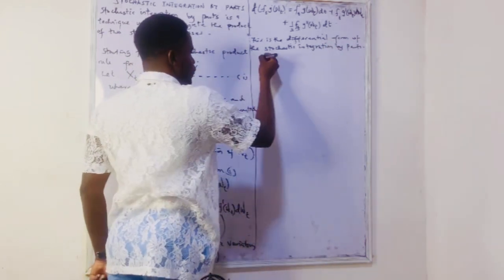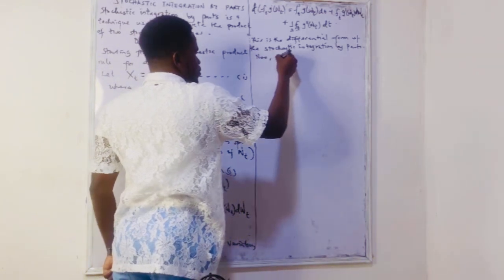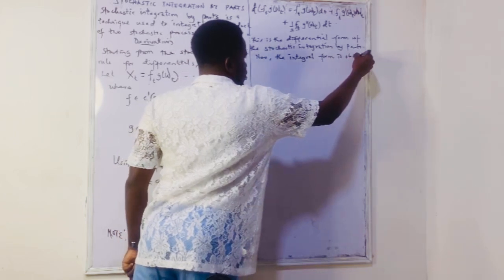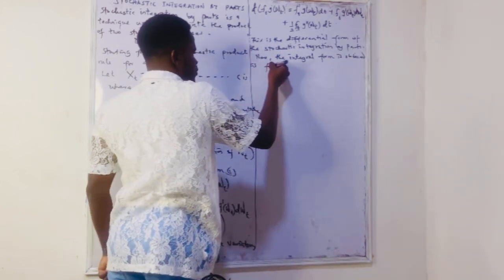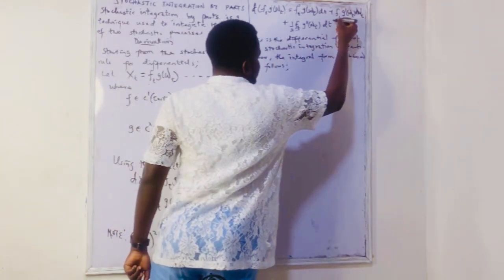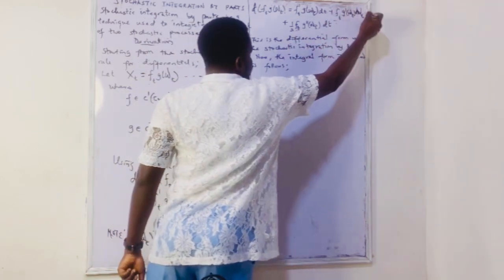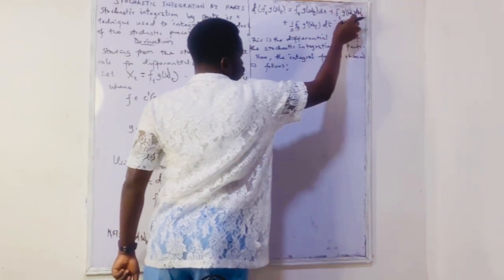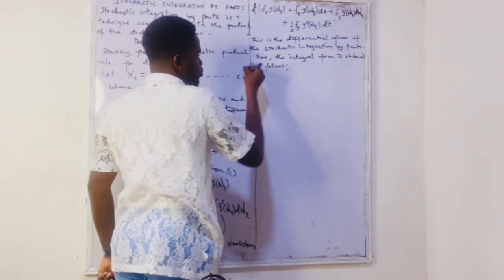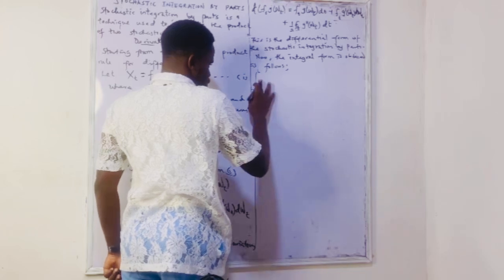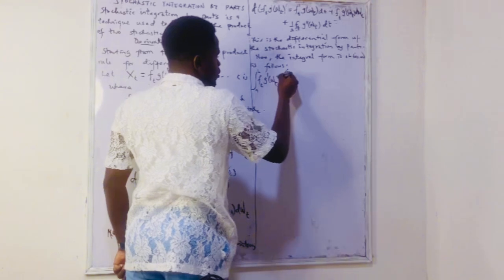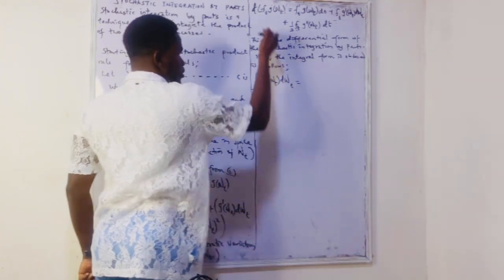Now let's obtain the integral form. The integral form is obtained as follows. We're still making use of this term, which is the term we'll be using as the subject, showing our integration by parts. So taking the integral from a to b of f sub t g prime of W sub t dW sub t to be equal to this side now.